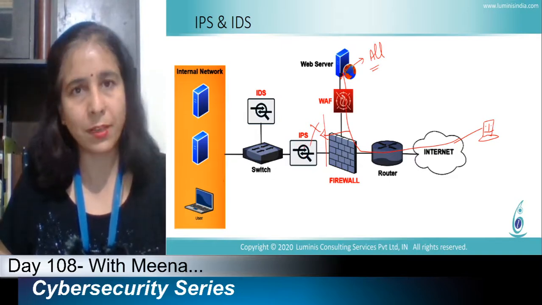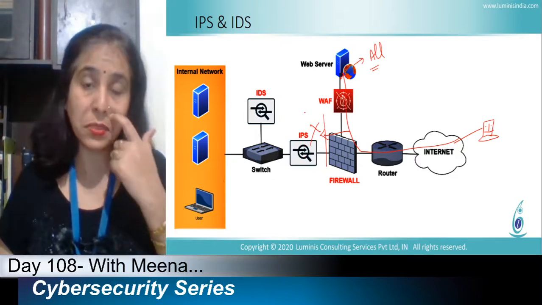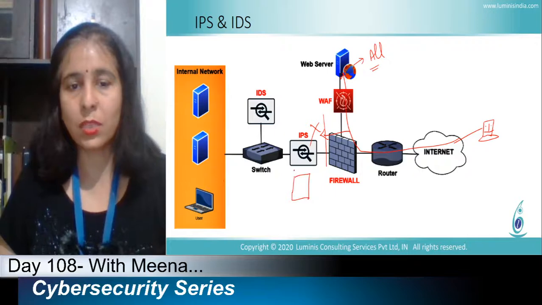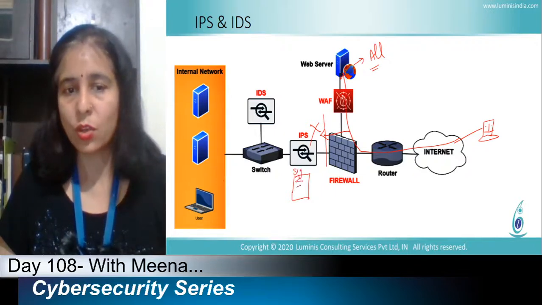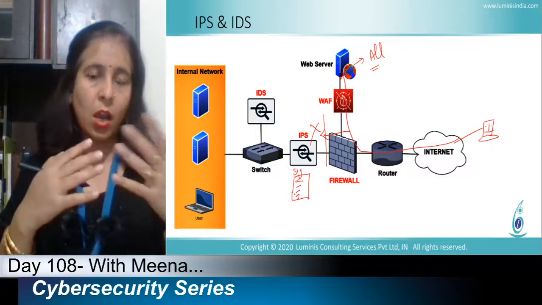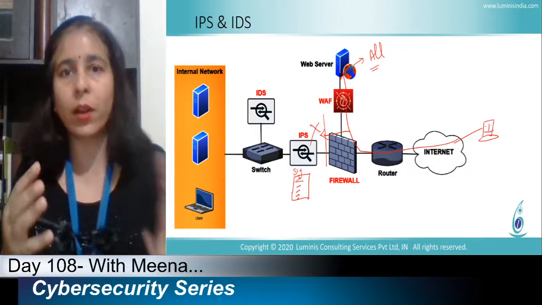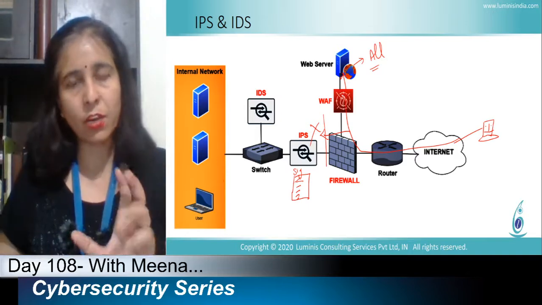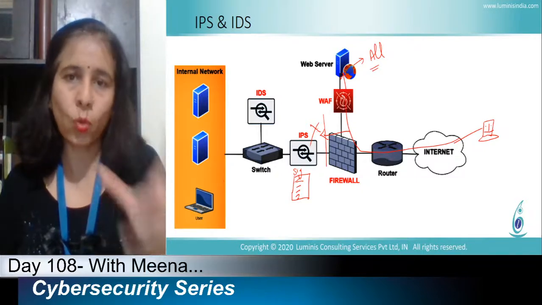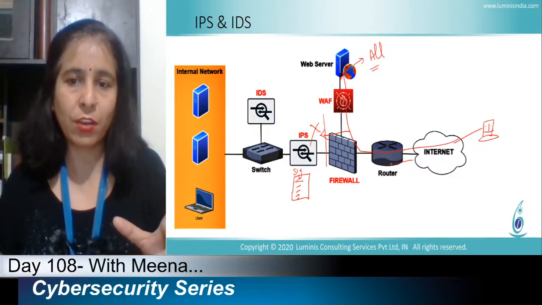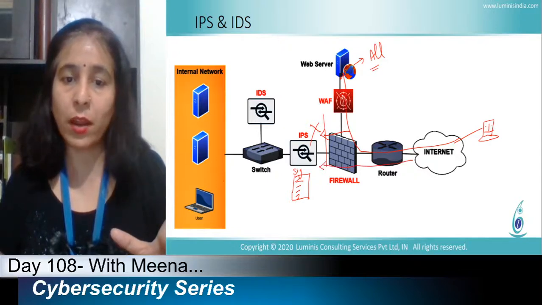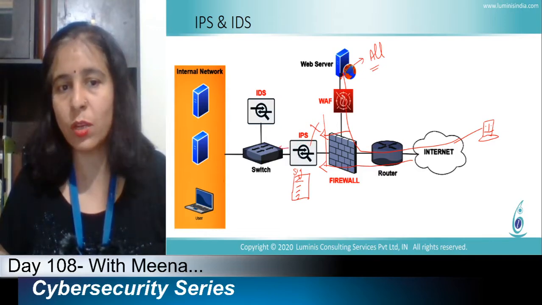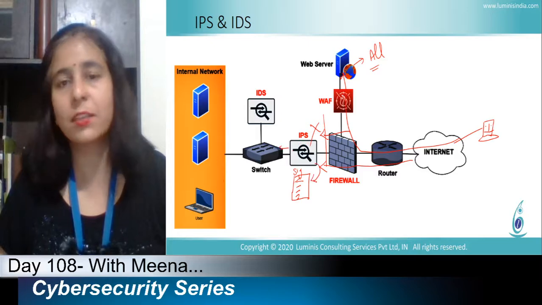So how can we do it? IPS, the Intrusion Prevention System, and IDS both use a database called signatures. They have a signature database, which holds information about known attacks that have already happened. If any traffic related to those known attacks tries to enter our system, before giving it entry to our network, they will check it against these signatures.